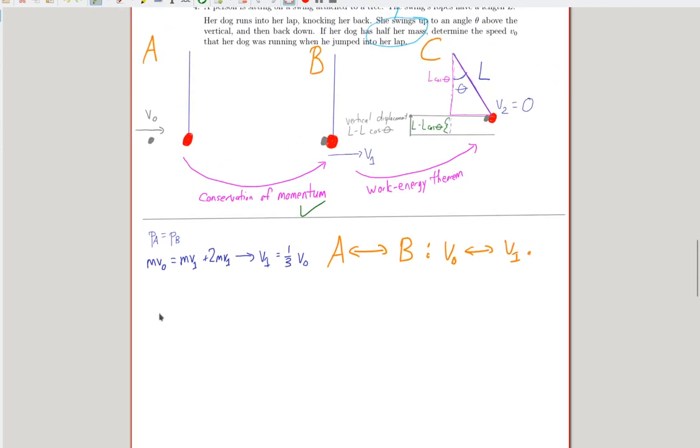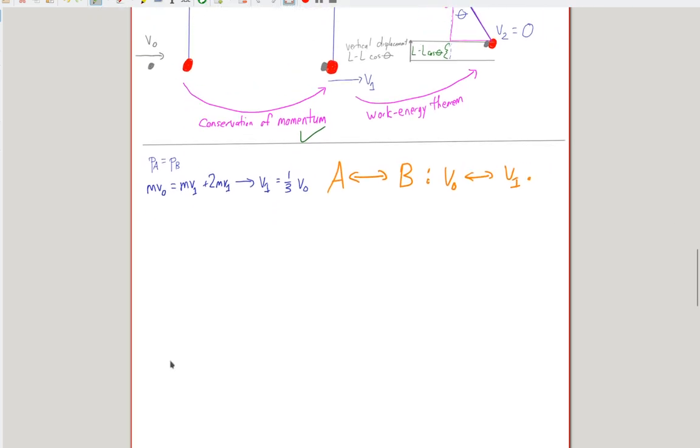Now for the work energy theorem part. I'll draw a dotted line here. I'm going to say that the kinetic energy at position B plus the work done in going from B to C equals the kinetic energy at C. You could also do this problem with potential energy, but my experience is that students need more practice on understanding what the work energy theorem means.